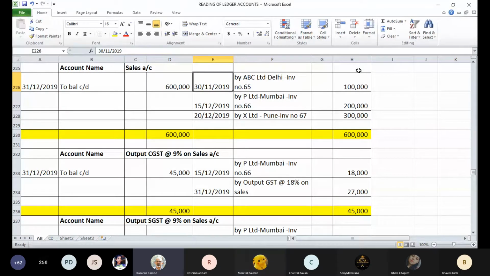So then, should we charge CGST, SGST, or IGST? Which one should be charged on this? SGST. Based on our discussion, should we charge SGST? When do you charge SGST? When the sale is in the same state. But just now you said it is a different state.